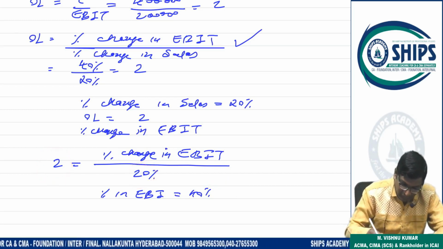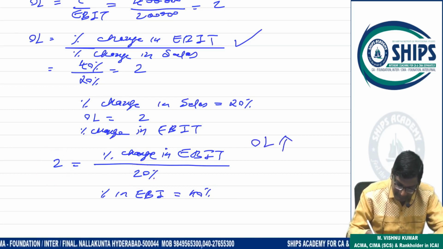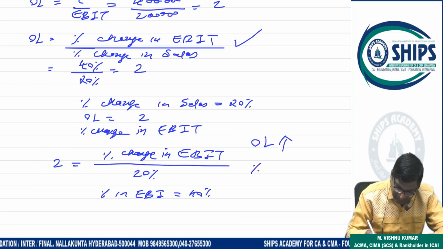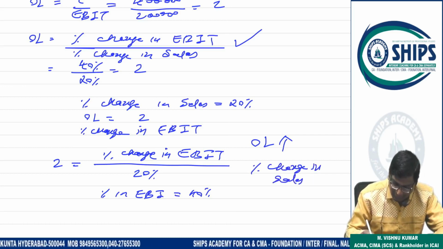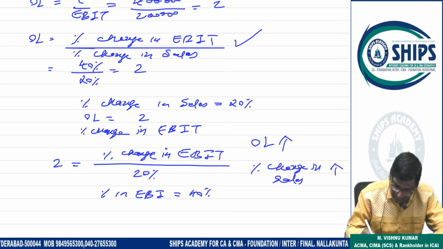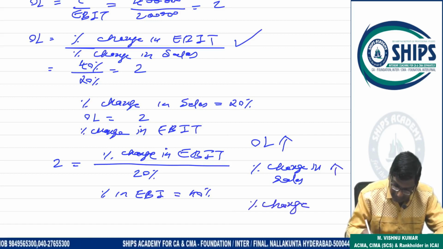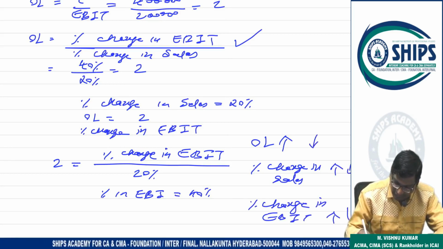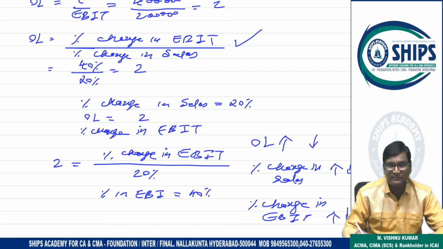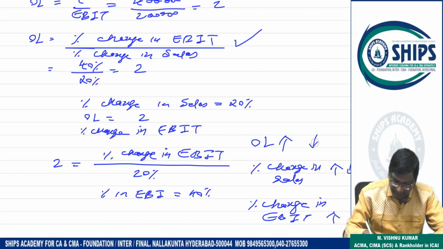It means if operating leverage increases or percentage change in sale increases, whichever of the two you take, ultimately what will increase? Percentage change in EBIT will increase. Suppose this is decreasing, this will also decrease. Okay?